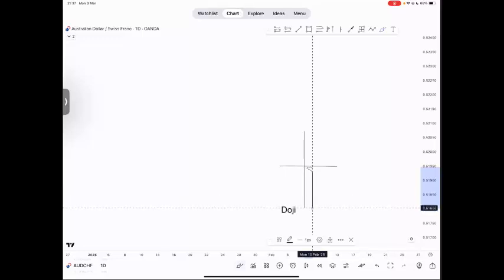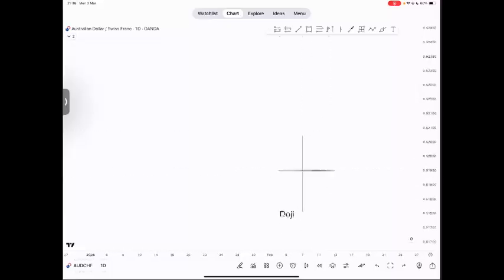And then buyers were able to push the market to the upside, to this high here. And then sellers pushed it again to close at the same level at which it opened, very closely. This particular candlestick does not have a body.